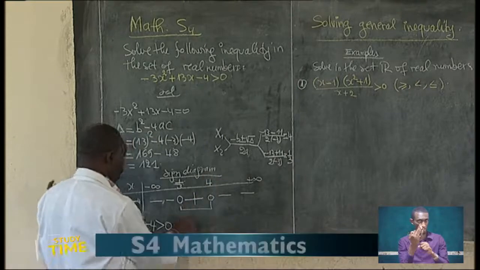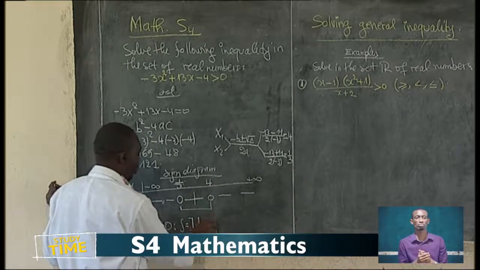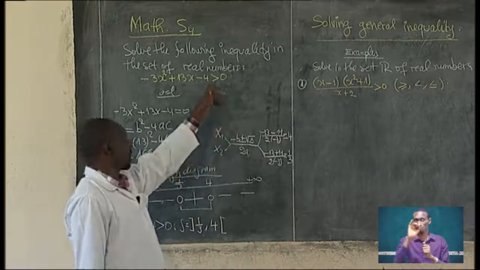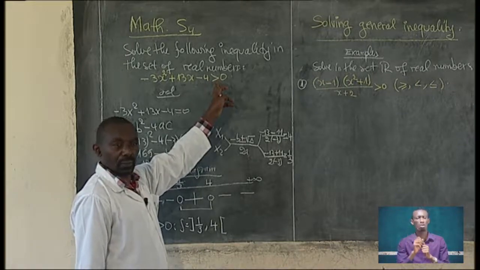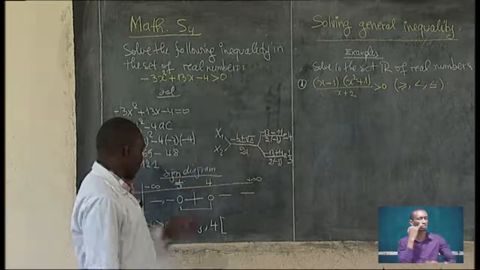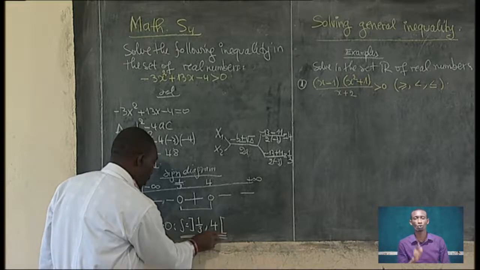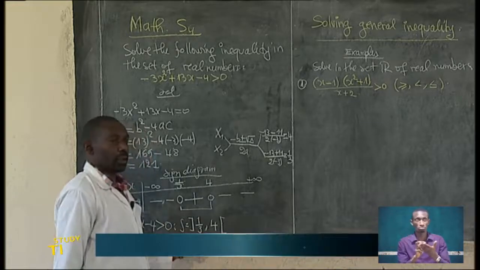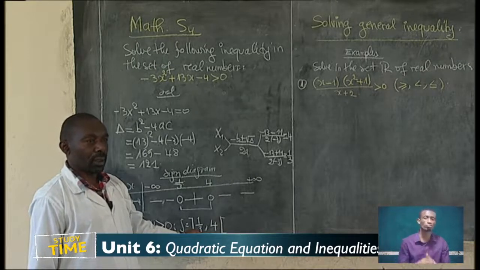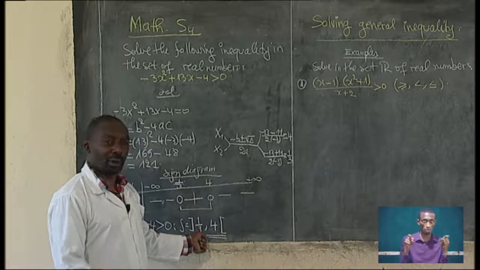So the set of solution is from 1/3 up to 4. The interval is open because the inequality is strict. Okay? All right, so this is our set of solution. Check if your answer is similar to this one. Is it the same? Oh, wonderful. Clap for yourself.